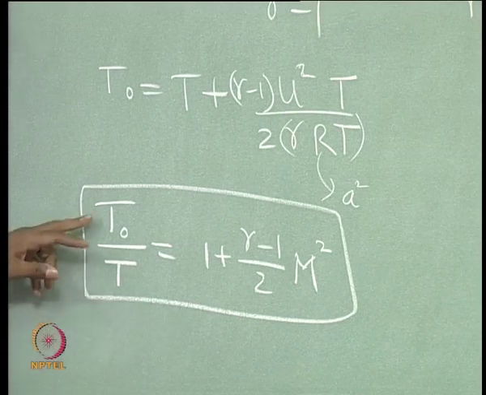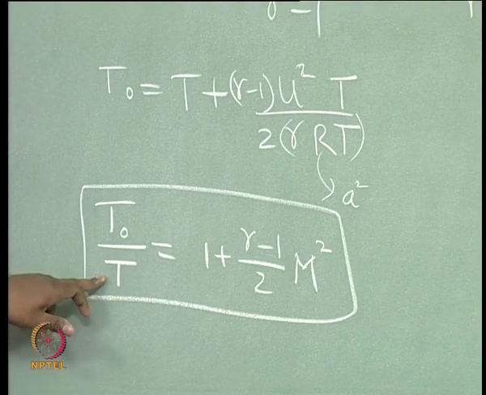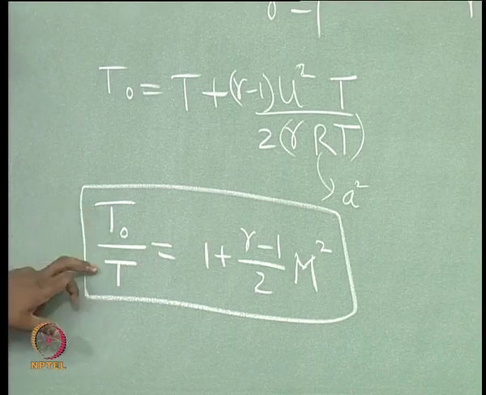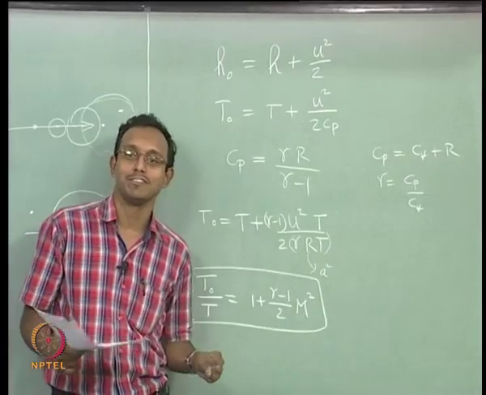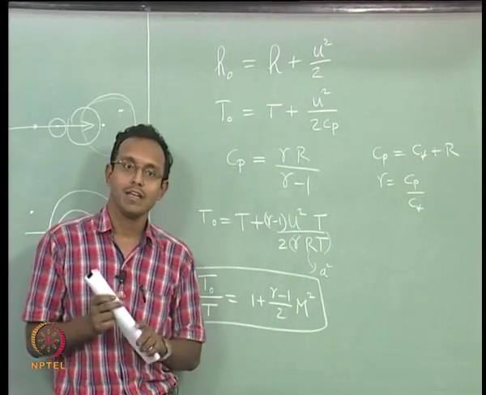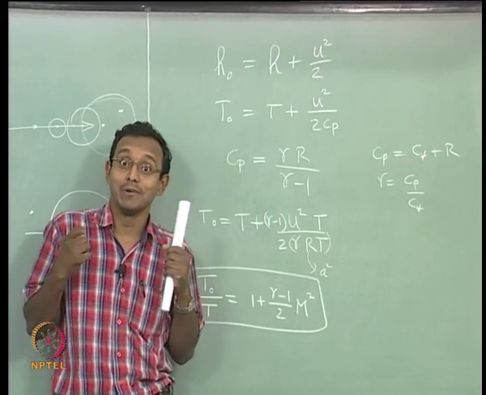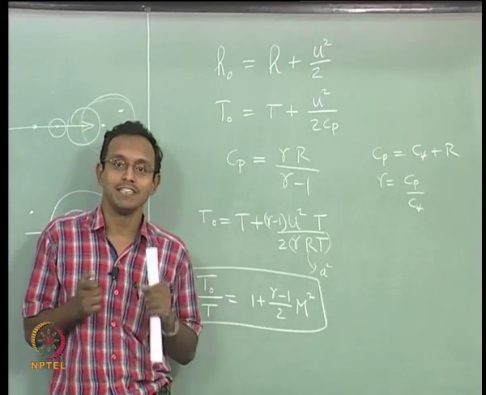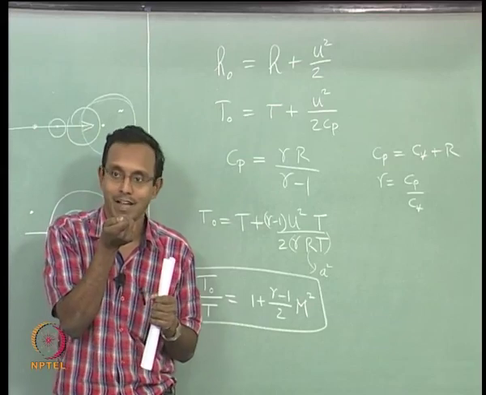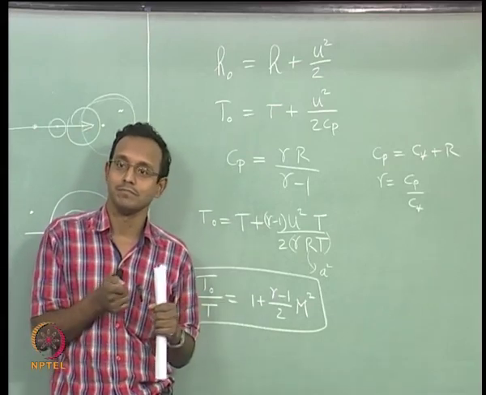This is a relation between stagnation temperature and static temperature. When I gave these kinds of definitions, now I have to know the exact meaning of each of these. When I say static temperature, I mean if I follow the fluid, as in I am sitting inside the fluid element with a thermocouple, a temperature measurement device in my hand, and I am measuring the temperature.